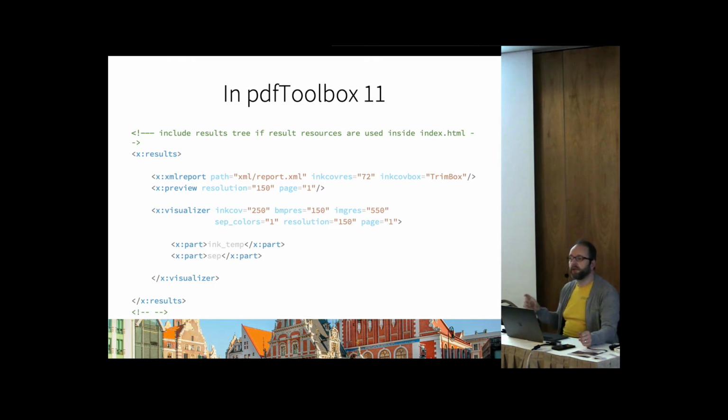So this section in the Manifest.xml has been extended, and it has basically been extended with all of the support for the visualizer. Now, what is the visualizer? You can see that in pdfToolbox Desktop, where you can go to, is it the View menu or the Tools? I think it's View, where you have the ability to see an ink coverage overview, for example.